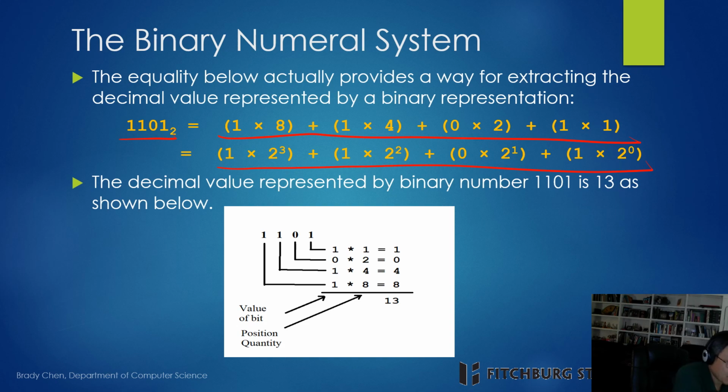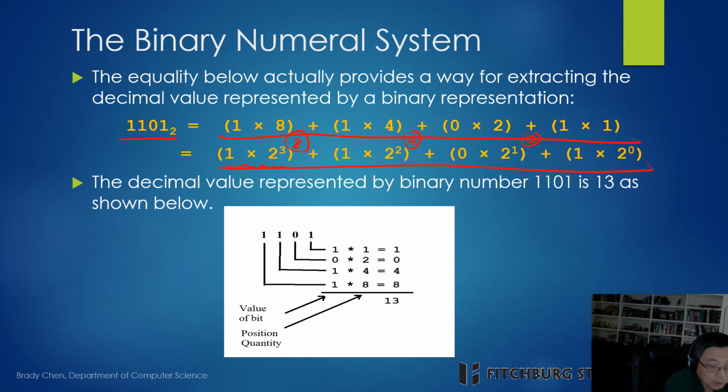So, for example, this one, 1 times 2 to the 3, that's actually number 8, right? Now 1 times 2 squared, that's actually number 4. And 0 times 2 to the 1, that's 0, right? Because 0 times anything is 0.